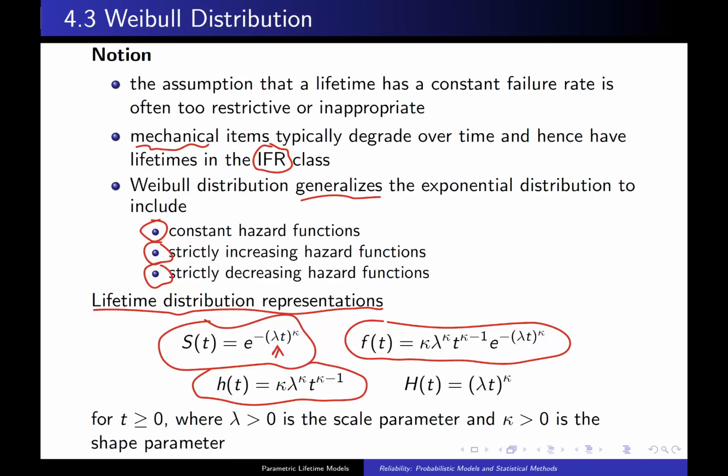And finally, if you integrate that from 0 to t, you get the cumulative hazard. The fifth lifetime distribution representation we will revisit on the next slide. All of these are, of course, on the support t greater than or equal to 0. Lambda is a positive scale parameter, and kappa is a positive shape parameter.